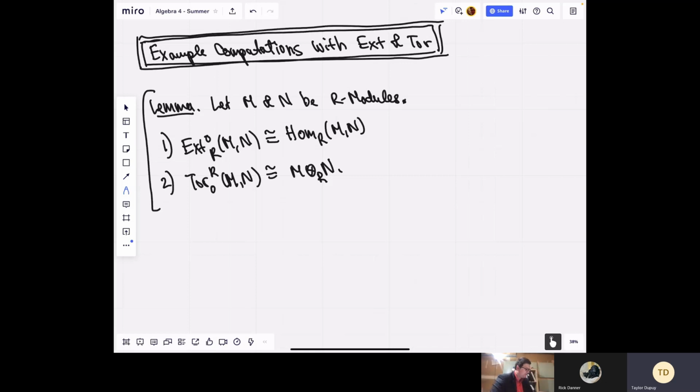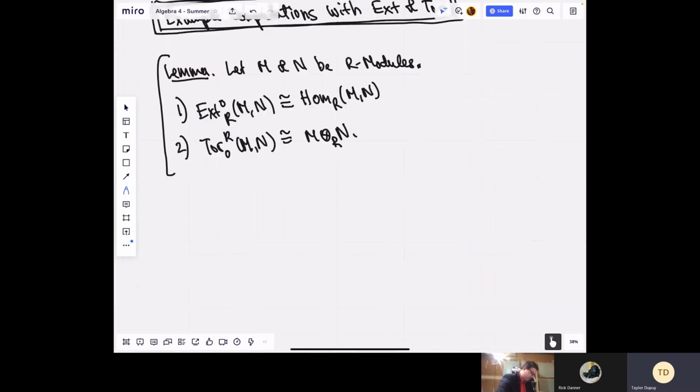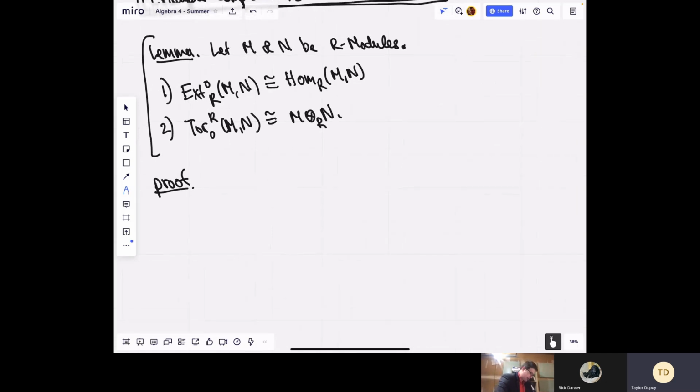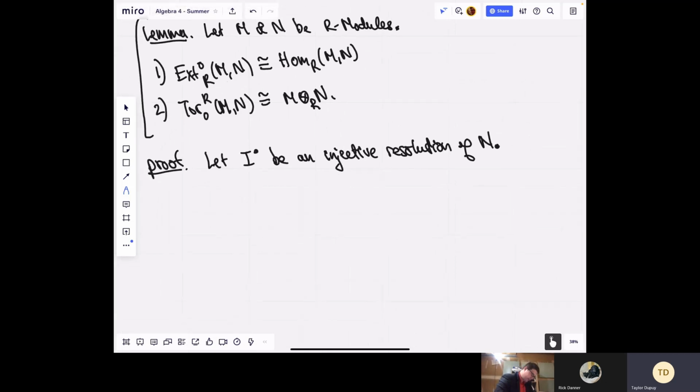Okay, so let's do the proof. For the first one, we're going to let I be an injective resolution of N. So what does that mean?